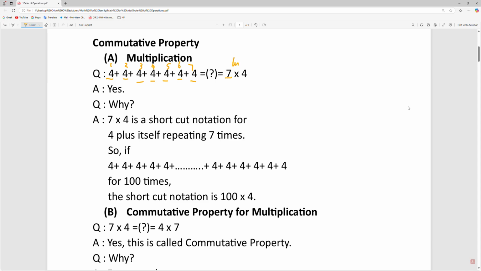So 7 times 4 added together. So that's a new notation, kind of a shortcut notation, when you want to plus the same number many times. So we use this symbol.